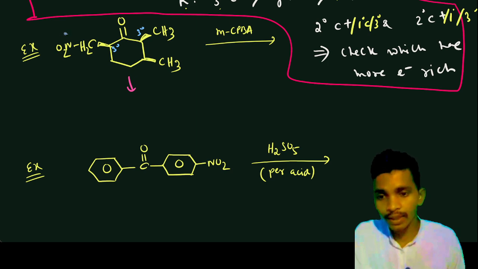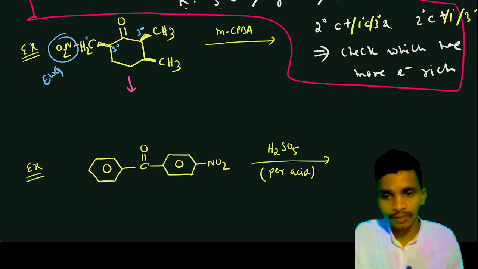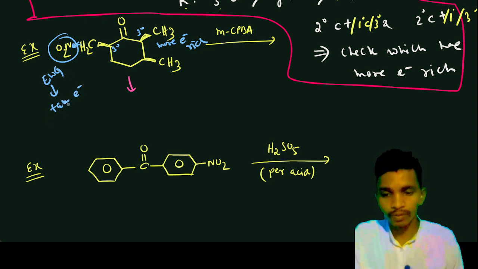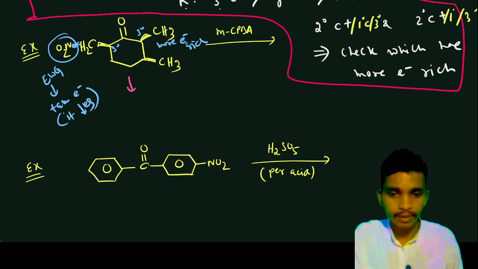Here this is the electron withdrawing group, which will abstract the electrons from here, so this side is more electron rich.